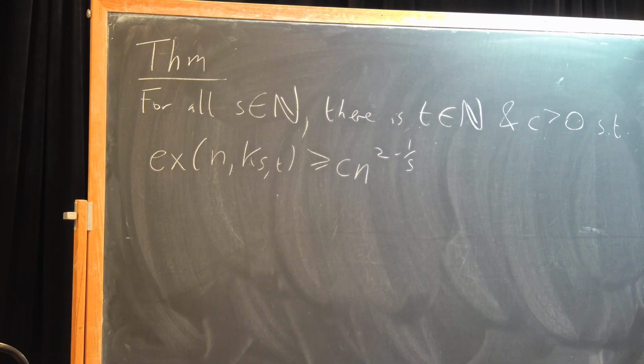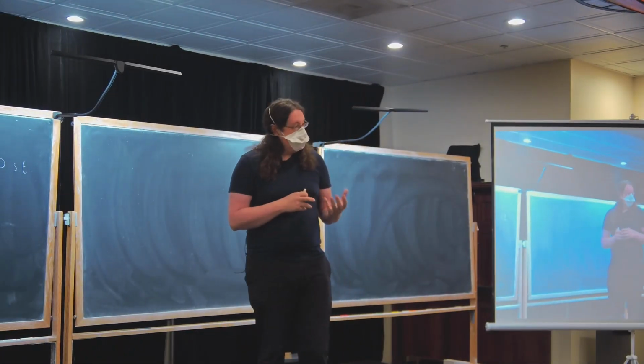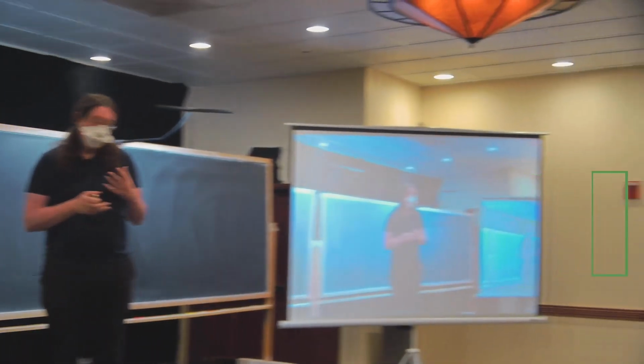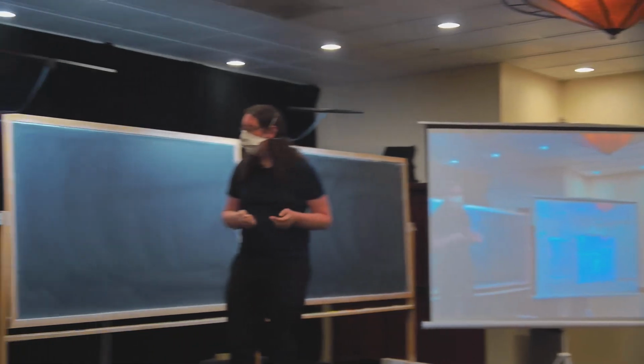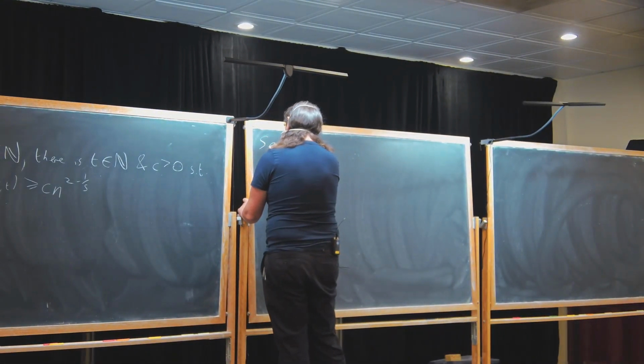But I'm going to talk about how you do it using something called a random algebraic method. And in fact, the proof I give is basically the proof due to Bukh. For that, I'm going to have to set up some terminology and notation. So let's start with some setup.